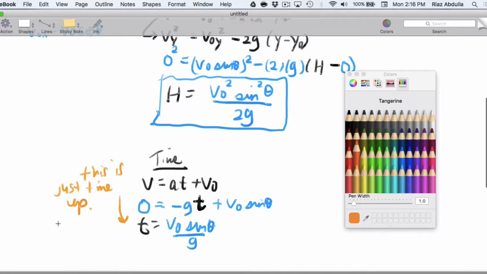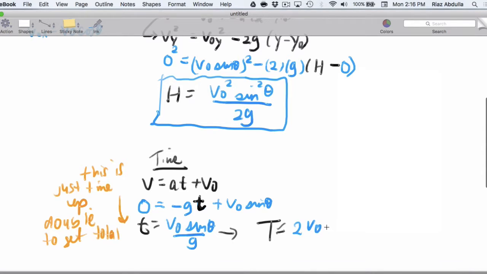We need to double it to get the total time. So when we double it, what we're going to end up getting is the hang time is 2 v naught sine of theta divided by g.